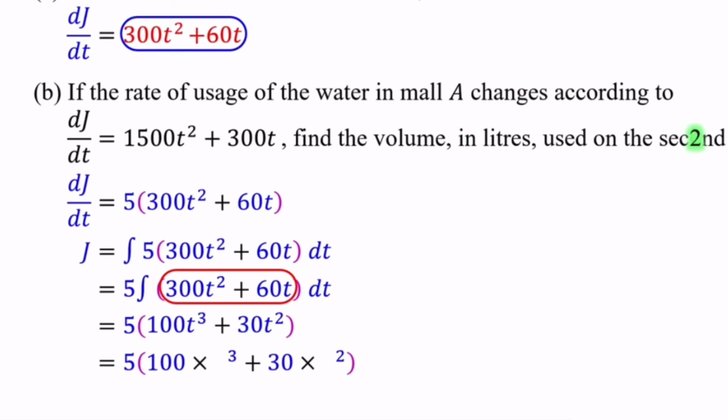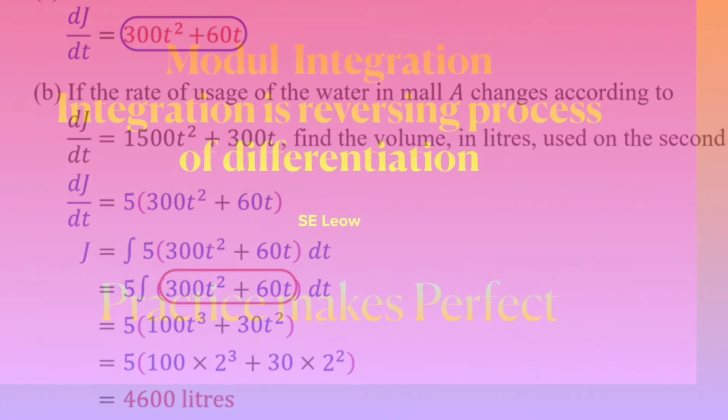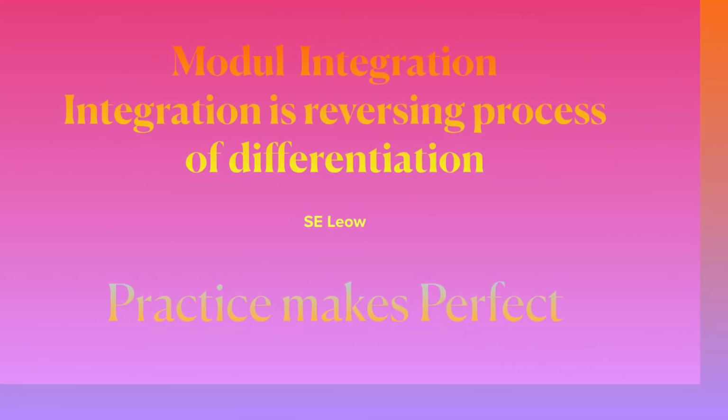Then we substitute the time, which is 2 days, and solve it to get the volume of usage of water at mole A in liters. So the answer is 4,600 liters.